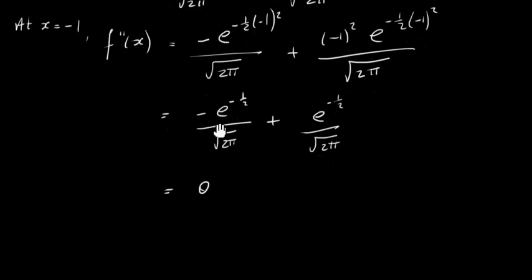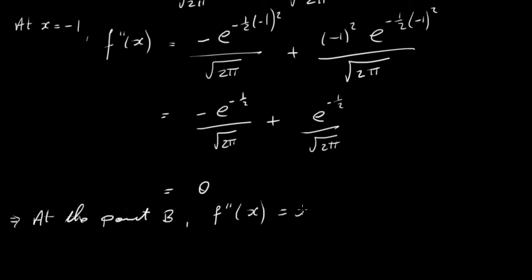So at the point B, I think it was, at the point B, f of x differentiated twice is equal to 0.